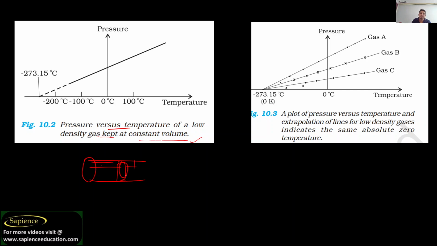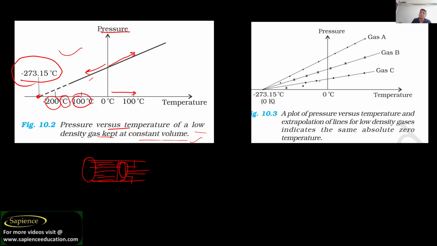Suppose this is your piston and the piston has been fixed, so the volume is neither decreasing nor increasing. As you increase the pressure, the temperature will increase. But as you reduce the pressure, the temperature starts falling. Finally, a point will come which is known as absolute zero temperature.